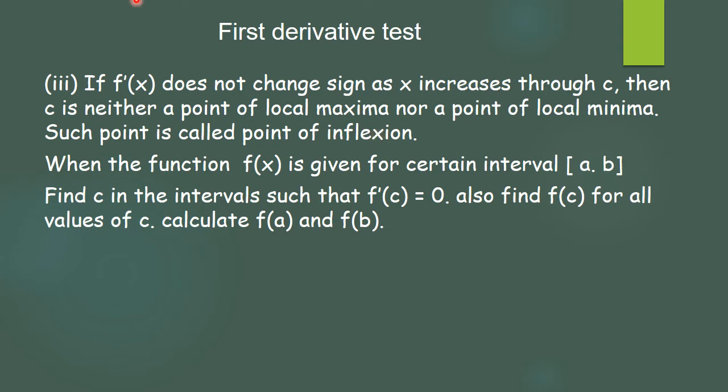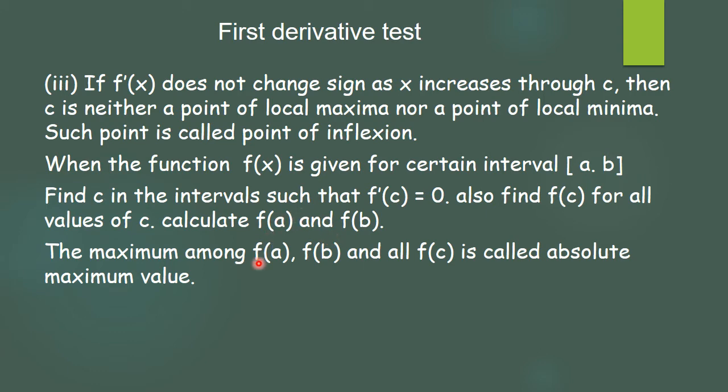For these f of c, we may get local maxima or minima. Along with that, we calculate the values of f of a and f of b. And the maximum value among f of a, f of b, and all f of c, and we may get one or two values of c depending on the function, is called the absolute maximum value.